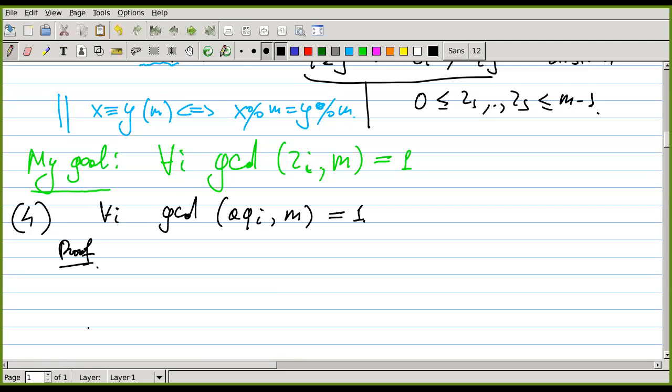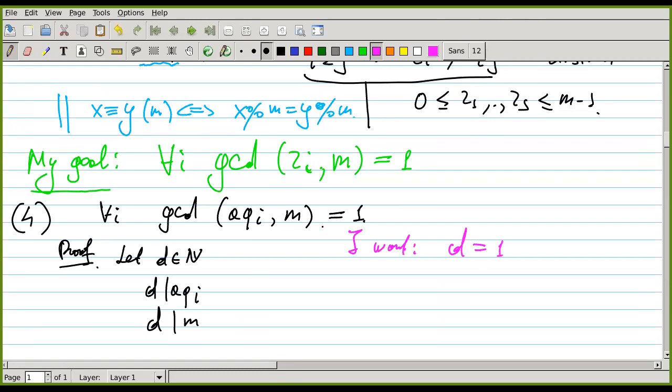Is it clear that it suffices to prove that the only natural common divisor is 1? Yes. So let d be some natural number which divides both aQi and m. Of course, I want now this d to be equal to 1.